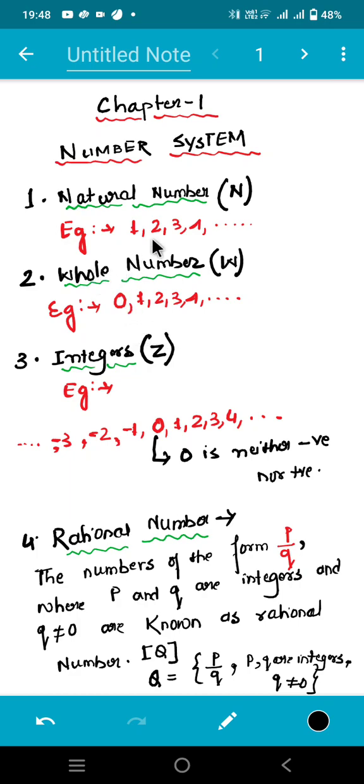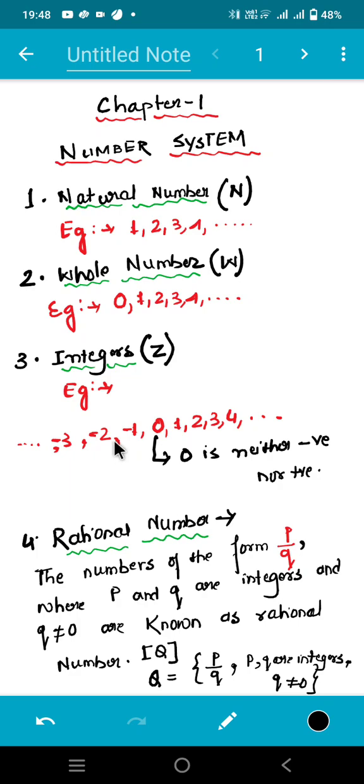Okay, so these are some of the very important points. I will give you all the notes. Now let's concentrate on number 3. Now what is number 3? Integers. I know all of you know this. So let us study about integers. So what is an integer? Integer is a collection of natural numbers, 0, and all negative natural numbers.